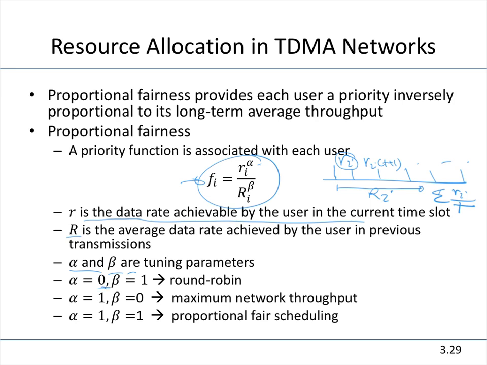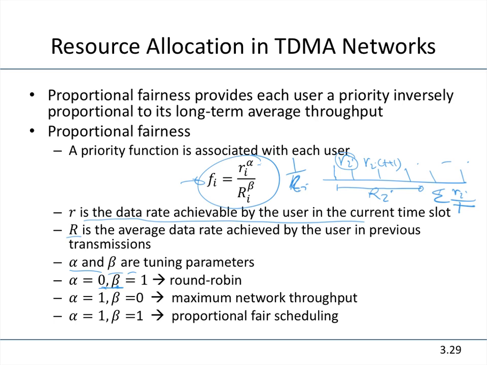If alpha is 0 and beta is 1, this means 1 over Ri. In that case, all I need is to control the average rate for the user. I don't care about the instantaneous rate. I care about the rate over time. So if the user has bad CSI in one slot and good CSI in the next time slot, the average might be the same, right?